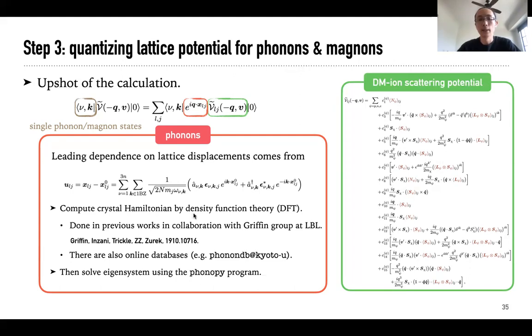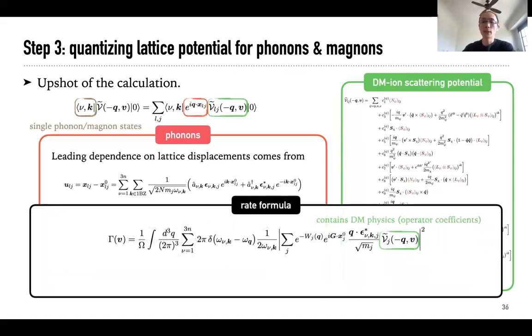A lot of our calculations rely upon the DFT work in collaboration with a group led by Sinead Griffin at Berkeley Lab. They were able to compute the crystal Hamiltonian in a very reliable way. We then use that information to solve for the phonon eigenmodes using the PhonoPy program, which is a widely used open source program.